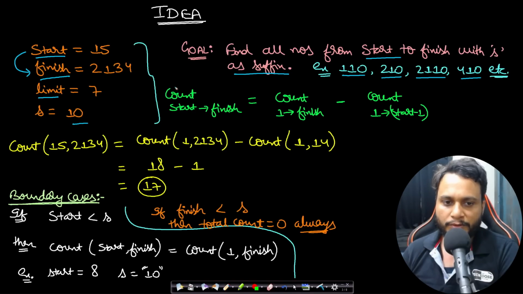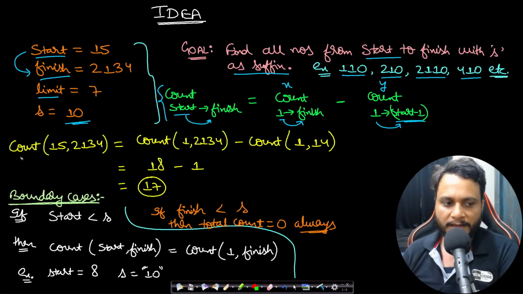As I already told you, you can count all the numbers from start to finish by counting all the numbers from 1 to finish and subtracting the count from 1 to start minus 1. So this is your x value, this is your y value, and x minus y will give you the count of all the integers in the range of start to finish, inclusive of both values, which have s as the suffix.